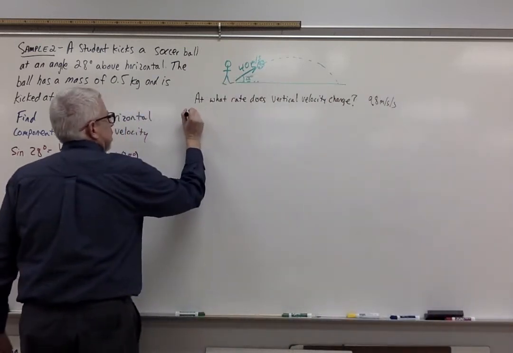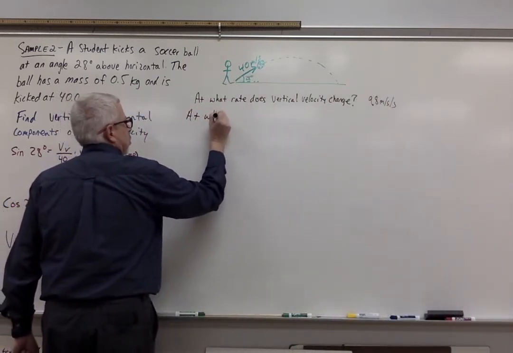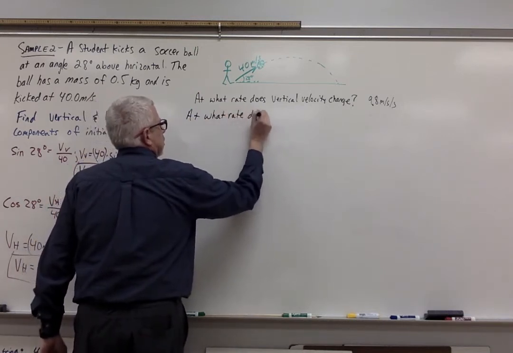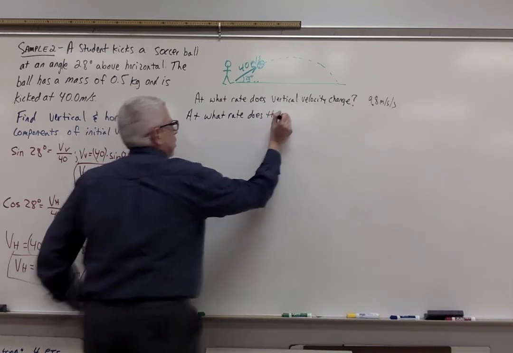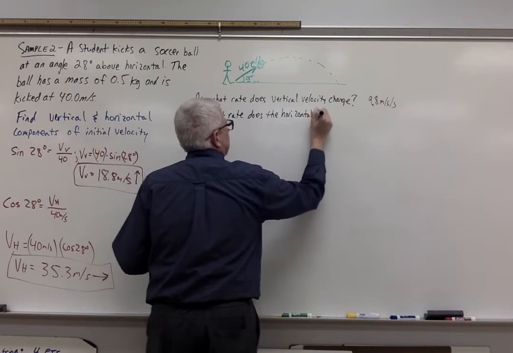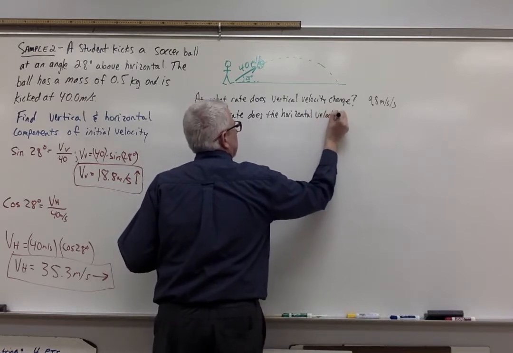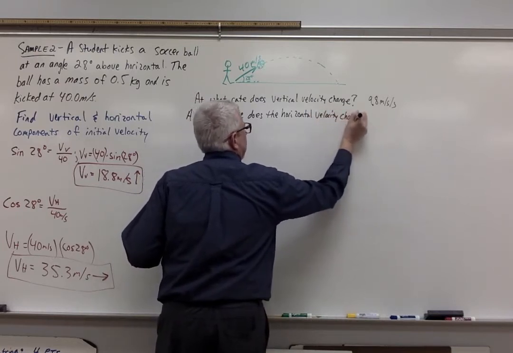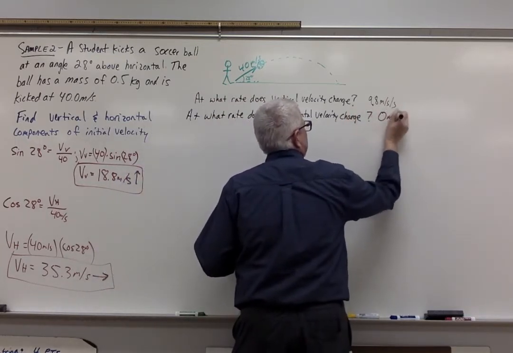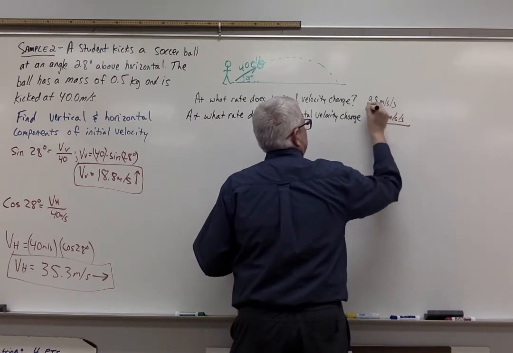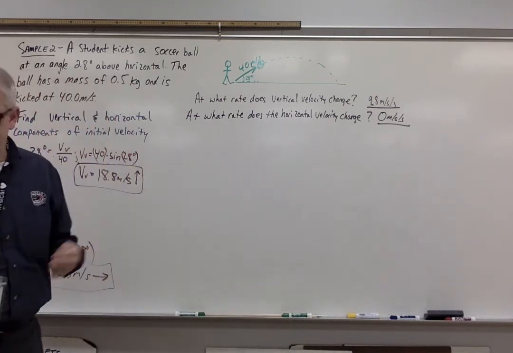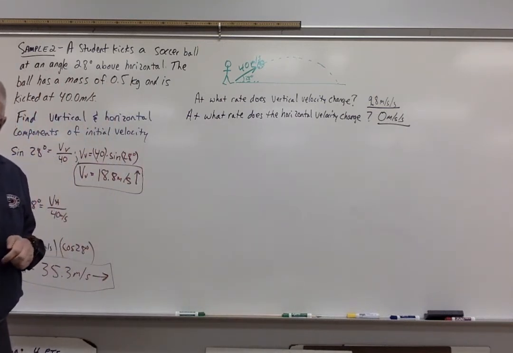At what rate does the horizontal velocity change? Well, that is 0 meters per second. So there is no acceleration horizontally. There is an acceleration due to gravity vertically. That's what a projectile is.